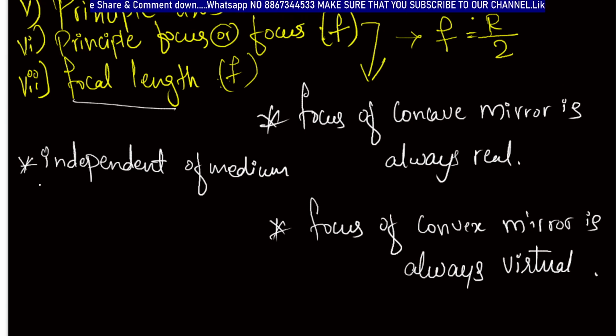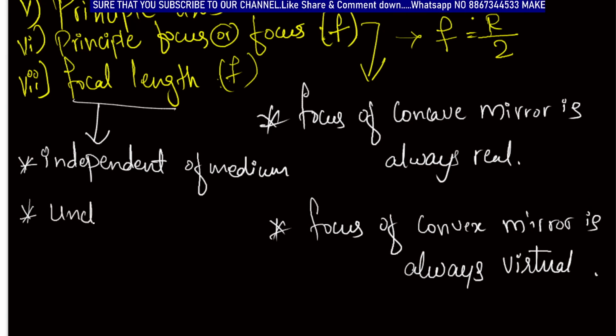What does that mean? Whenever the mirror is placed, either in air or in any other medium like water, it does not change its focal length. The focal length always remains the same.